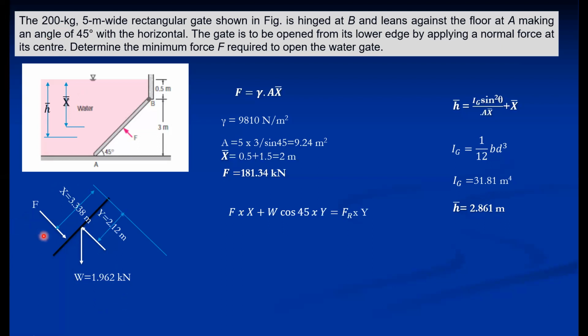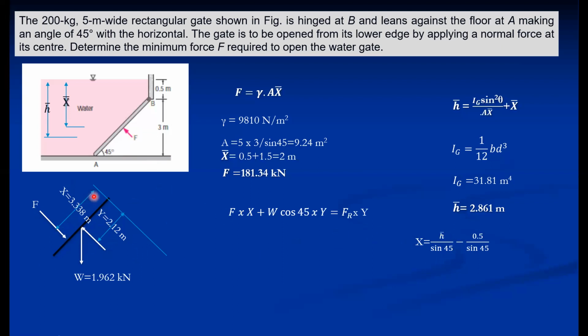Now applying the moment about the hinge. So F into X plus W, this is in the anti-clockwise direction. So plus W, this component is a cosine component, which is W cos 45 into Y. That is equal to the opposite side, the force required, that is FR into Y. Where X we have already calculated, that is H bar upon sine 45.